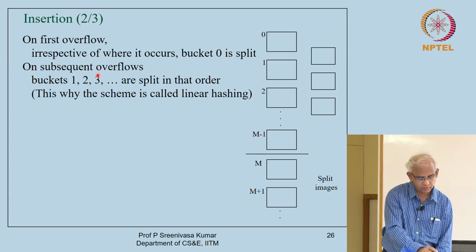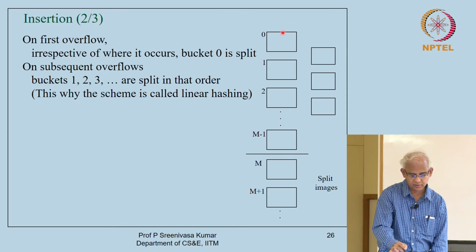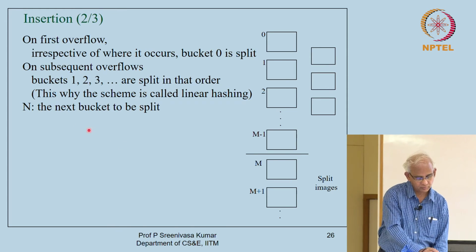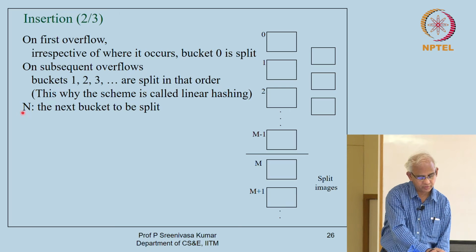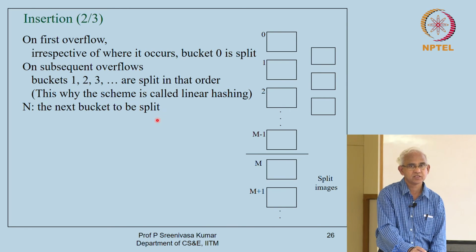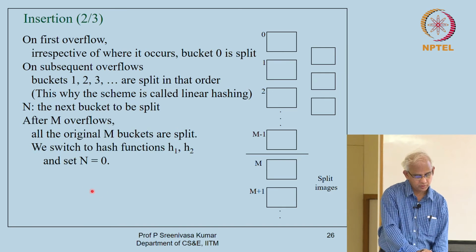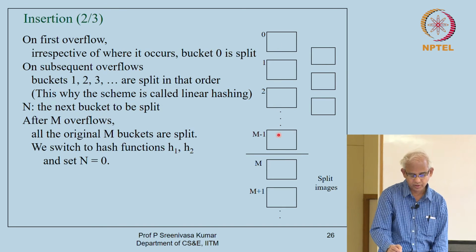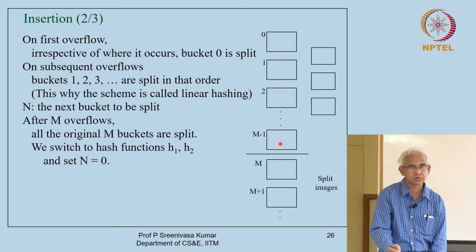Now, on subsequent overflows, buckets 1, 2, 3 are going to be split in that order and we keep creating the split images. So, n will keep track of one number, which is the next bucket to be split. There are m data buckets to start with.